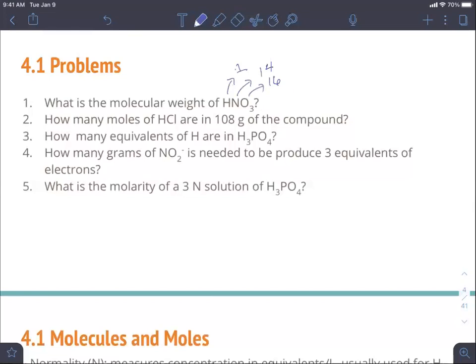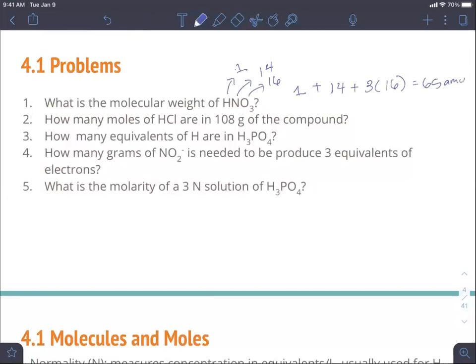So this is 1 plus 14 plus 3 times 16. So this is about 65 atomic mass units.